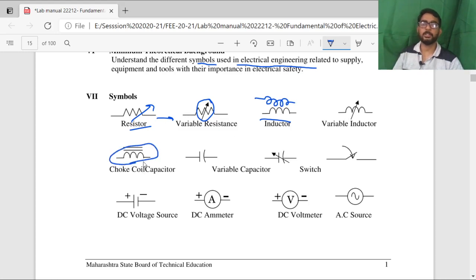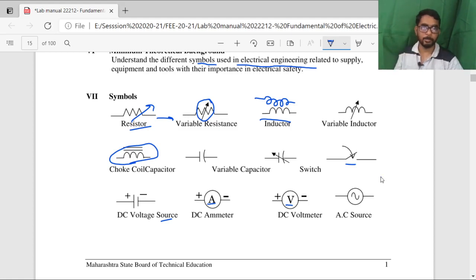It is used in tube lights to limit the applied voltage. This is the variable capacitor. This is a capacitor, this is the variable capacitor, this is the switch, this is the DC voltage source, and DC ammeter. Please remember, sometimes a DC ammeter can be drawn like this, or a small dash line will be drawn here, and for an AC source this will be drawn like this, with a sinusoidal structure.